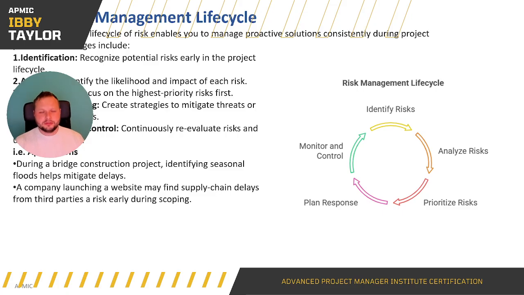But this is going to change on a project by project basis, even on a phase by phase basis. As you move from one phase of the project into the other, the risks that you face are going to be different because you're delivering different things, working with different people, different teams, different countries. Things change very quickly in the project landscape. So it's key that you're always looking to identify risks that could have an impact and then moving them through the management lifecycle.